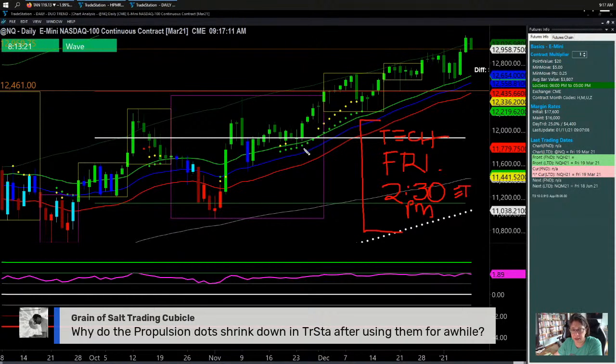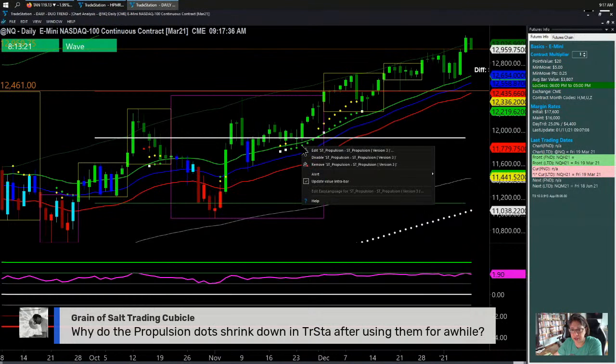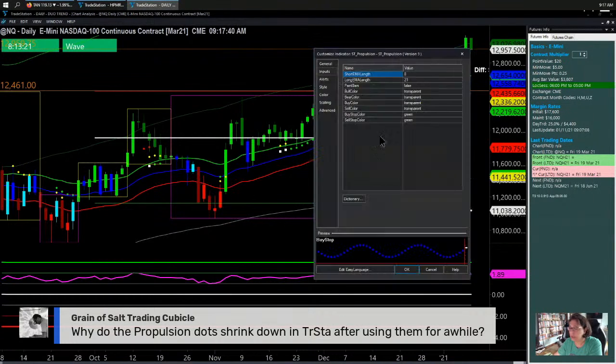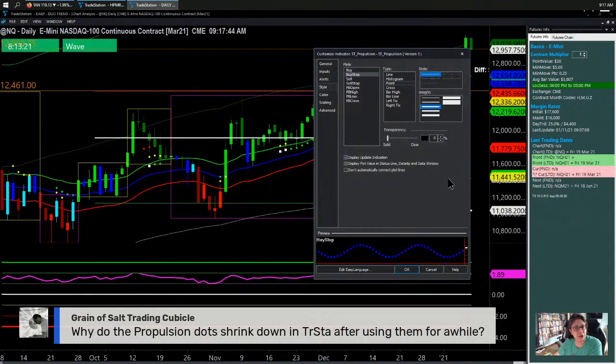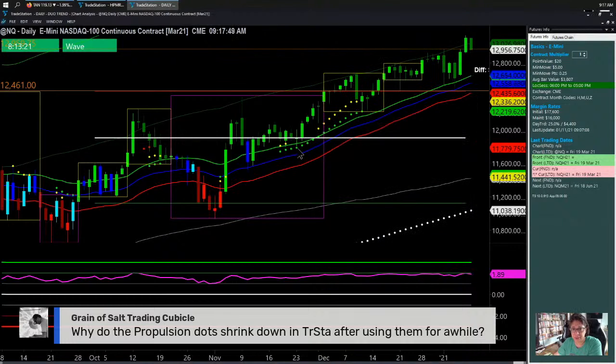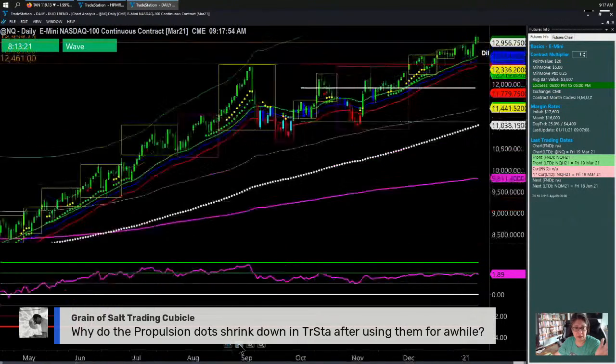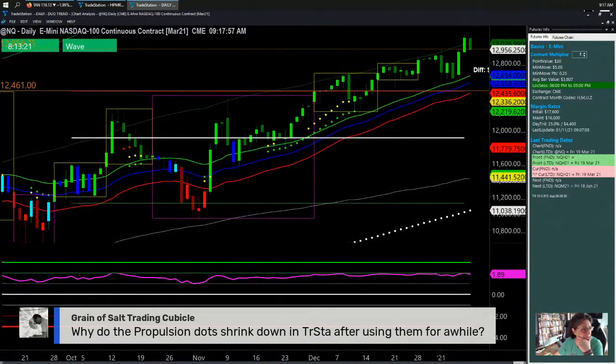But these are set in TradeStation. If you go into edit, you can set the style and make them whatever size you want. So they should not change in terms of visibility or size on the screen. You can see here, it shouldn't make any difference. So that's interesting, I didn't know that it does that.